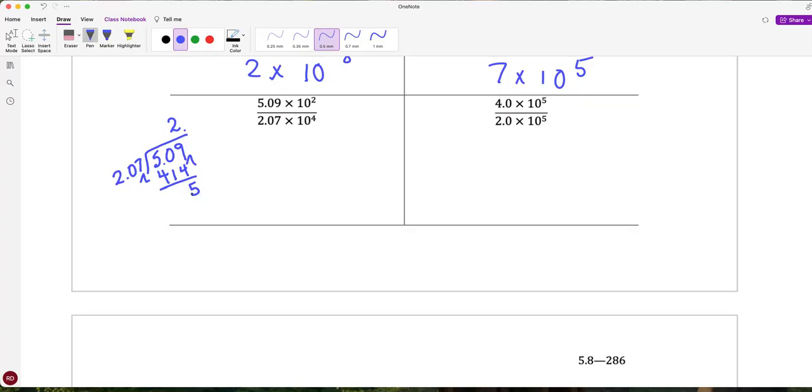This is 5, 10 minus 1 is 9. Okay, 95. So 207 goes into 950. I think that is 4 times. So this will be 828, and 10 minus 8 is 2, 4 minus 2 is 2. And 122.